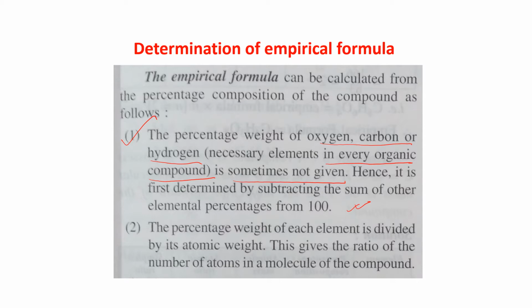The second point, the percentage weight of each element is divided by its atomic weight. This gives the ratio of the number of atoms in a molecule of the compound. When you do the numericals, all these points will be clear to you.